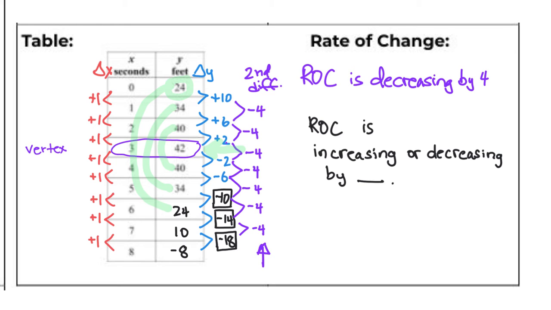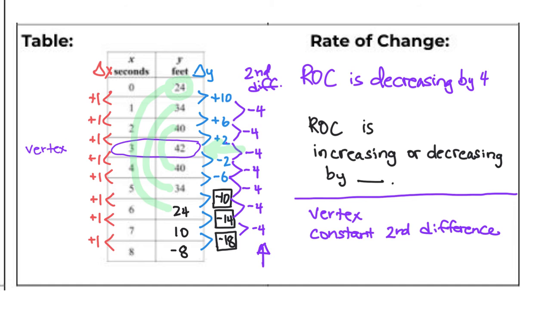For any quadratic table, to describe your rate of change, you're going to say the rate of change is increasing or decreasing by whatever your second difference is. And if your second difference is negative, then you know you're going to be decreasing by that value, by the number part. So that's why this one was our rate of change is decreasing by 4, because I have this negative 4 right here.